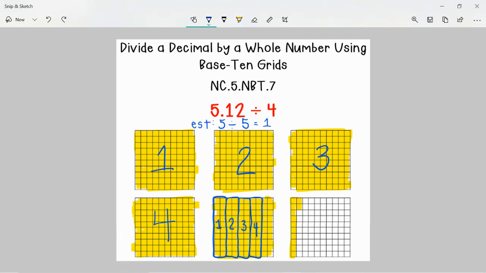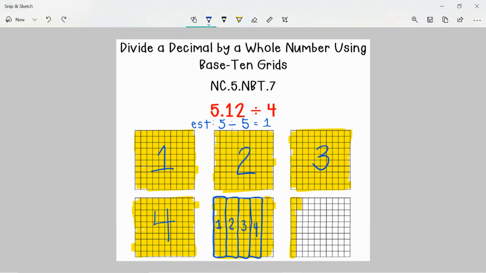Some students may not be able to reason like that at this point, which is fine, and may find it easier to just number the hundredths that are left, 1, 2, 3, 4, to represent the 4 groups, and just repeat doing that. Some students may think, let's start by giving each group 5 hundredths because we know that we have enough to do that, and then go on from there. Any one of those approaches is perfectly fine.